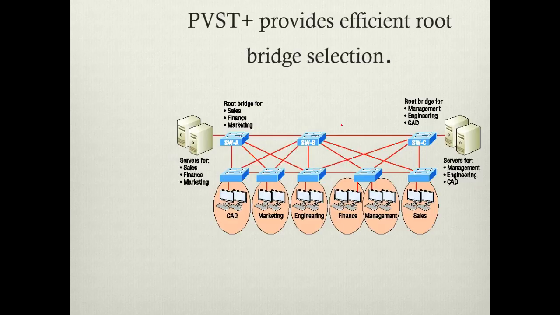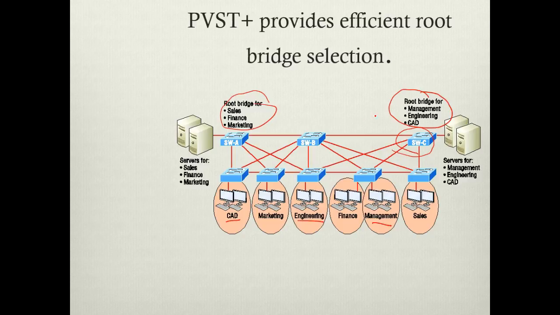With per-VLAN spanning tree, we can have different root bridges. This one is for management, engineering, and CAD. Not everything goes to the same location, and for the other departments, this is going to be the root bridge.